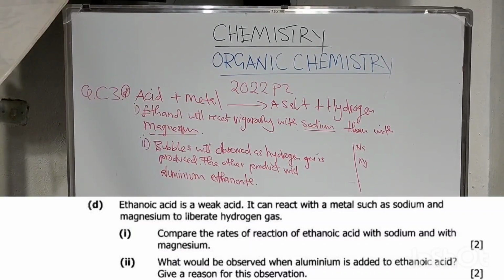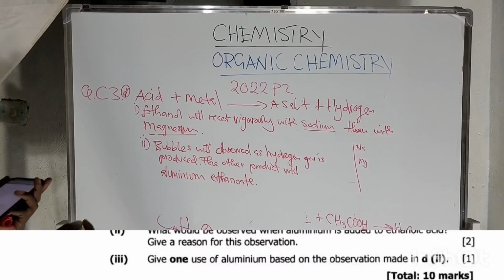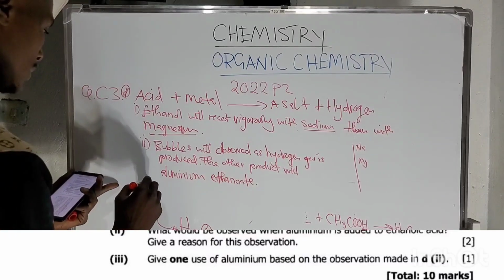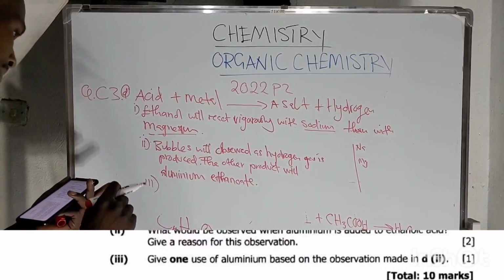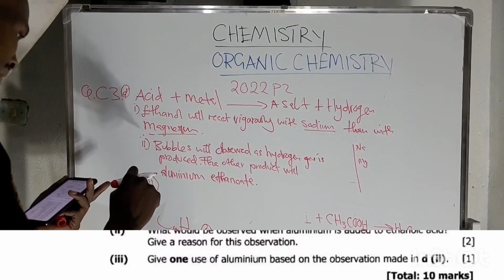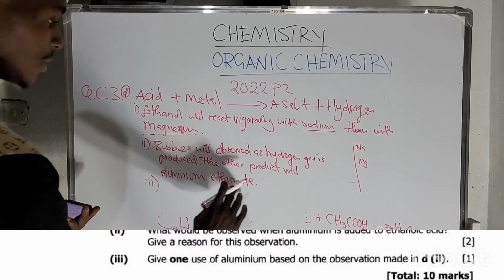Okay. Then the other question is: give one use. This is 3. Give one use of aluminium based on the observation made in D. Aluminium ethanoate.